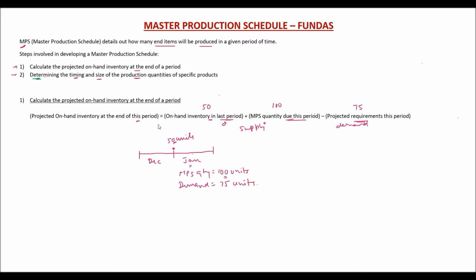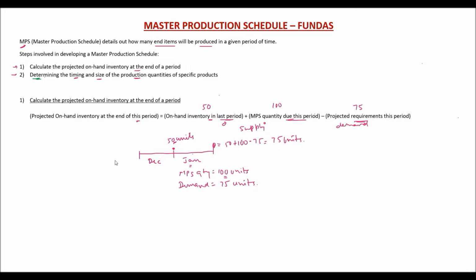So if we now calculate the projected inventory at the end of January, this will be equal to 50, which is this, plus 100 minus 75. So basically 150 minus 75, which is 75 units.